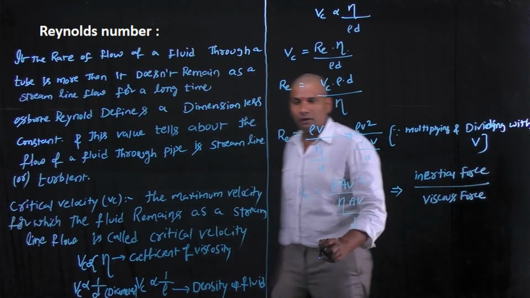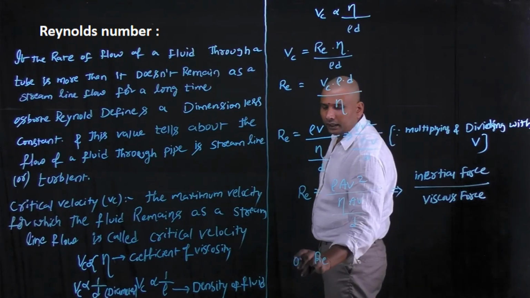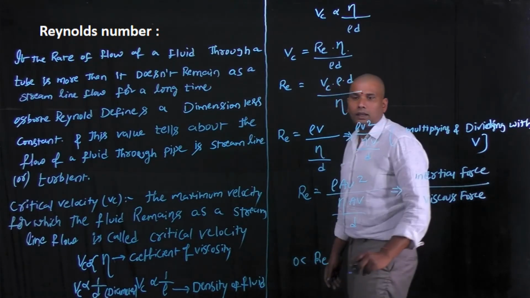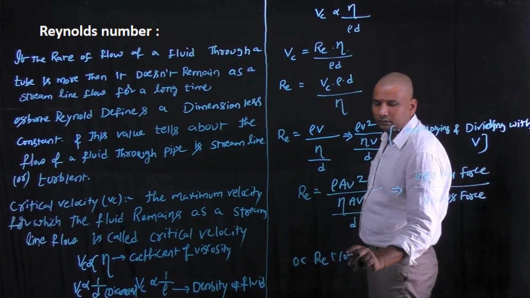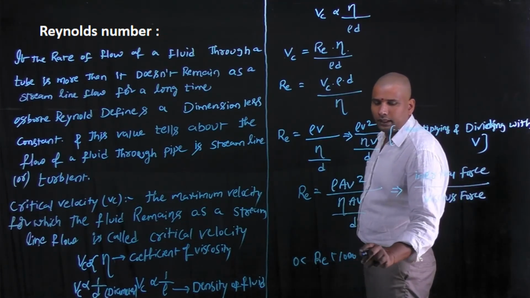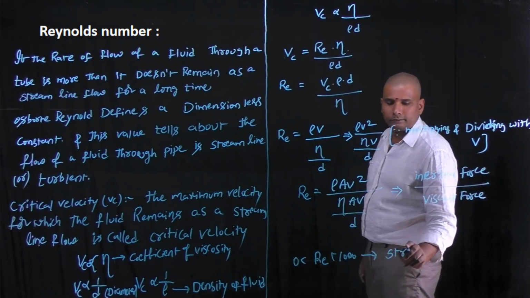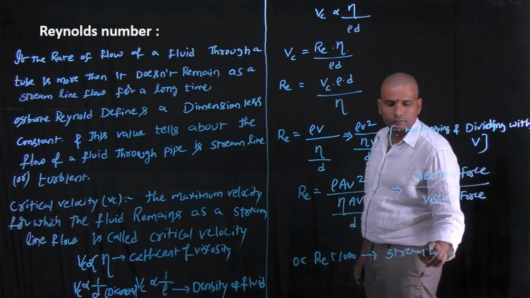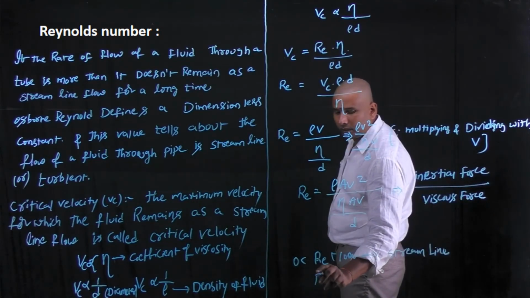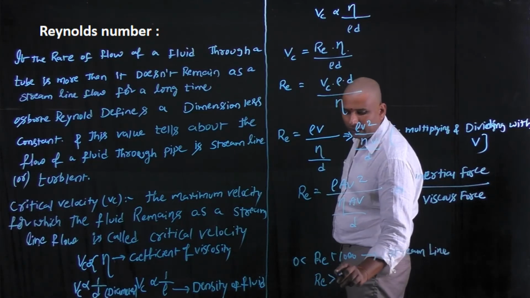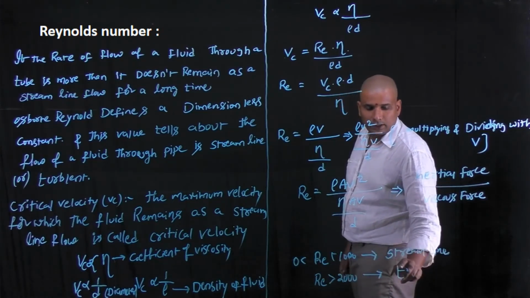If the value of the Reynolds number is greater than 0 and less than 1000, then the flow is streamline, and if the value of the Reynolds number is greater than 2000, then the flow is turbulent.